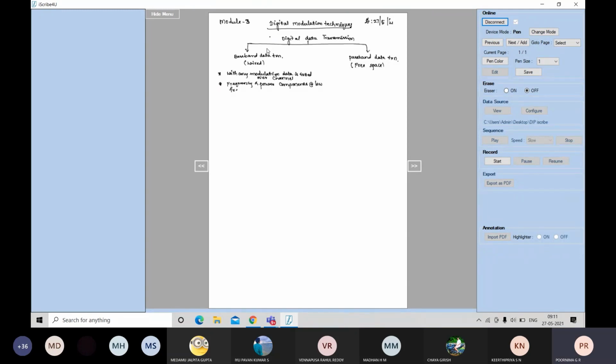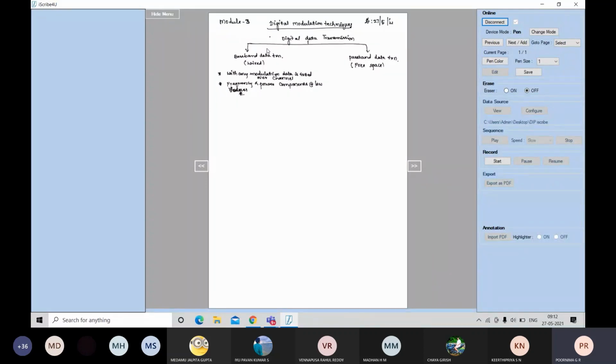Whatever the information that will be transmitted in the baseband, it is low frequency information, and its power also will be very less. Both will be applicable.